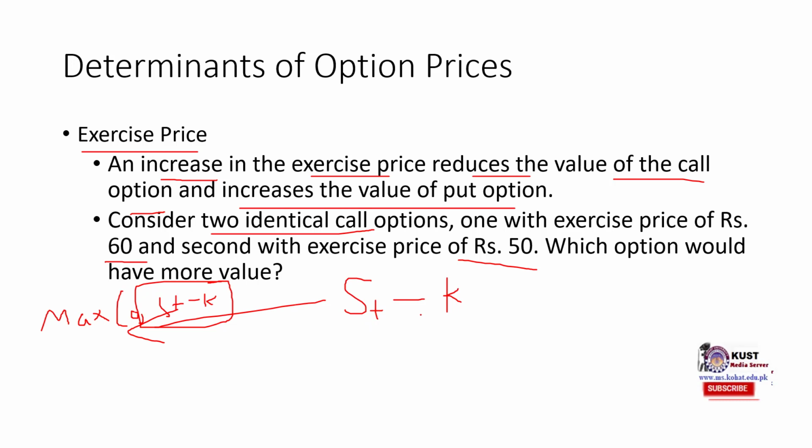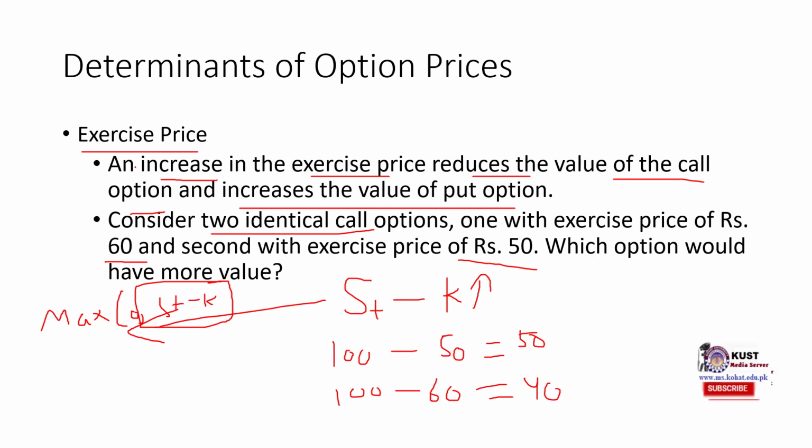So as K increases, the value of this call option would decrease. Imagine if ST is 100 and K is 50, then the value would be 50. If again ST is 100 but K is 60, the exercise price is 60, the value would decrease.